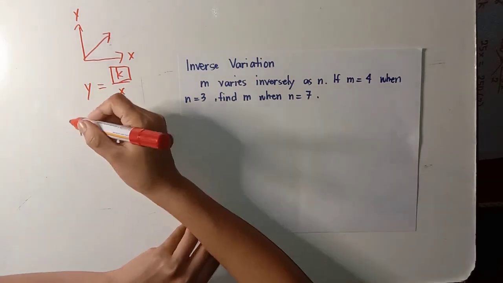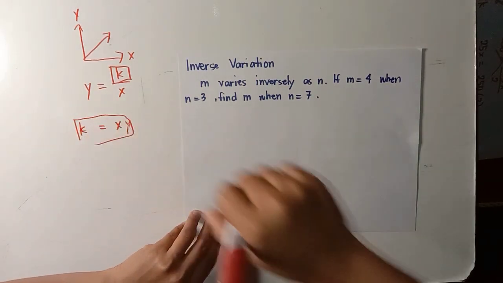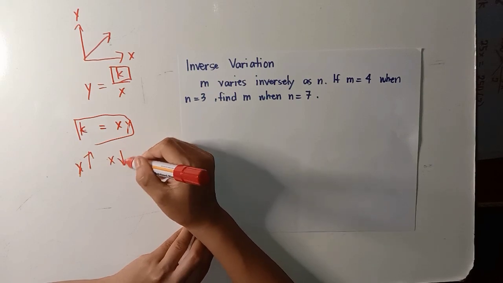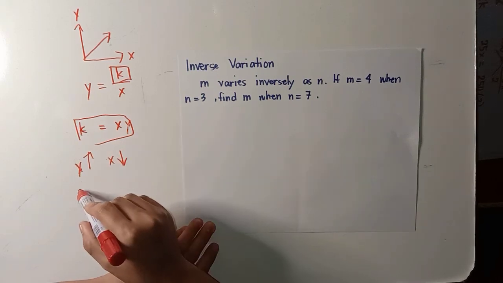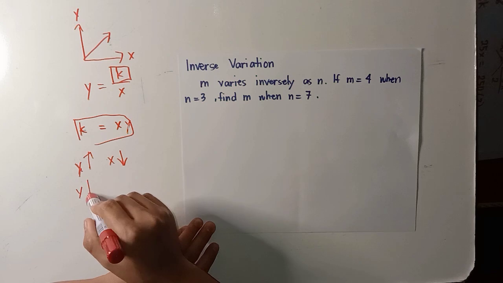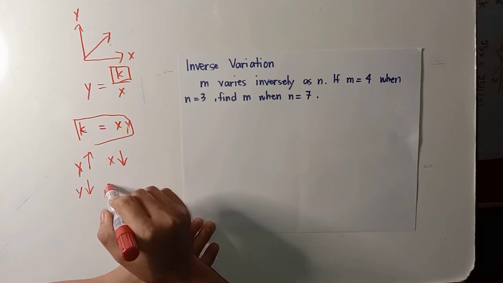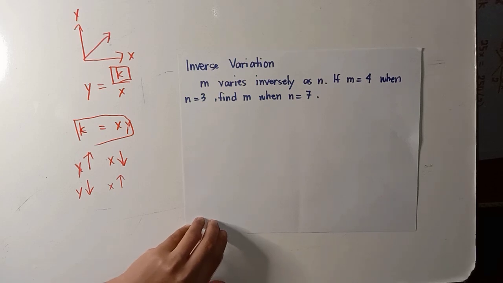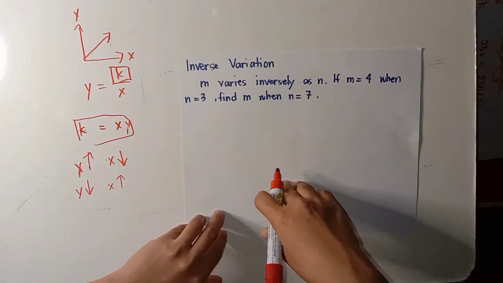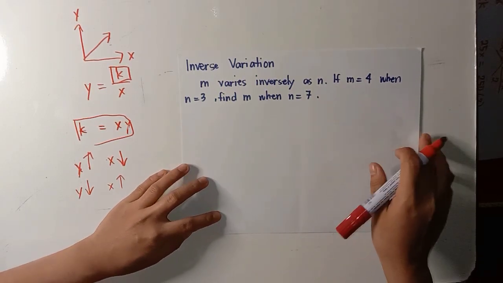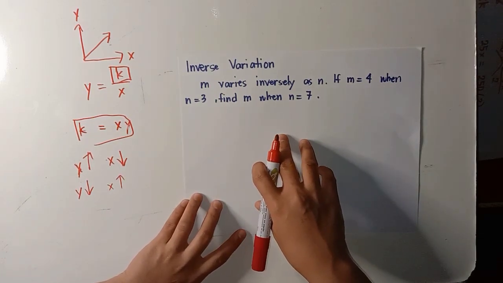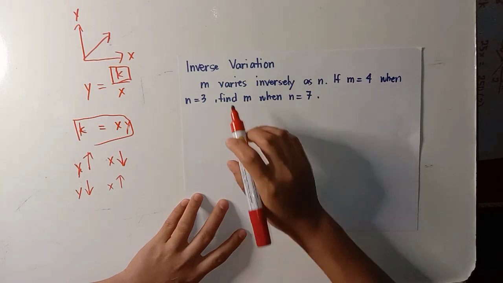This is the shortcut method in getting the k. As y increases, the x decreases, or as the y decreases, the x increases. So it has an opposite reaction or opposite relationship of two variables.